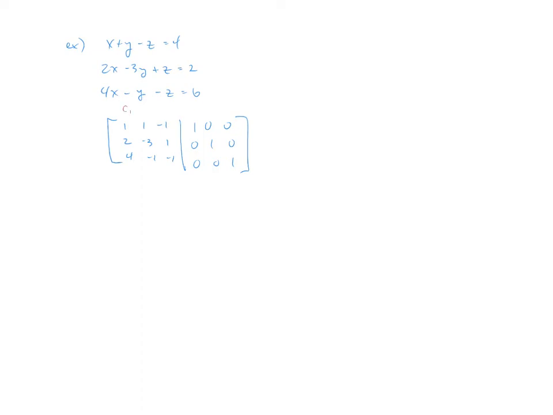In column 1, our 1 is in place. Now we just need our zeros. So a -2 row 1 plus row 2 gives us a new row 2. A -4 row 1 plus row 3 gives us a new row 3. So I'll go ahead and copy down row 1 since it's not going to change.